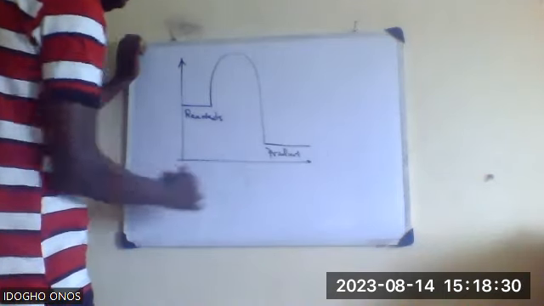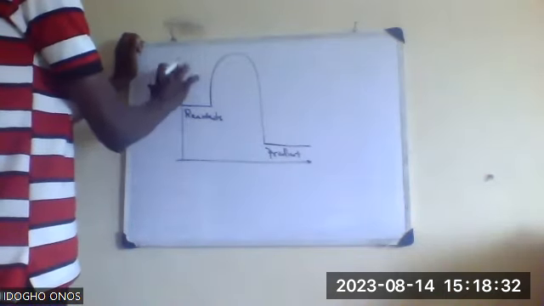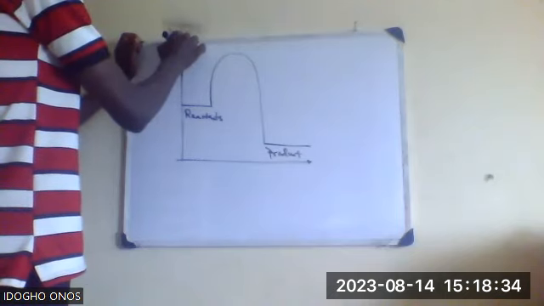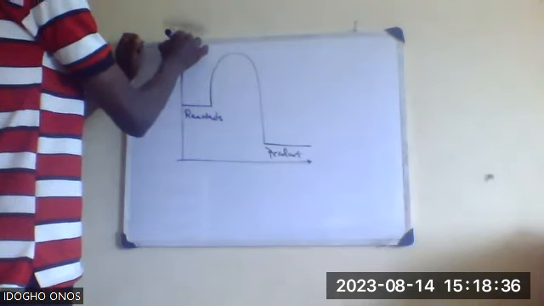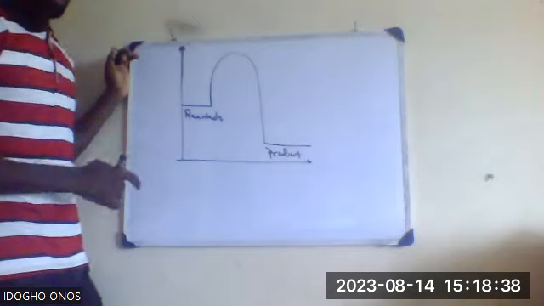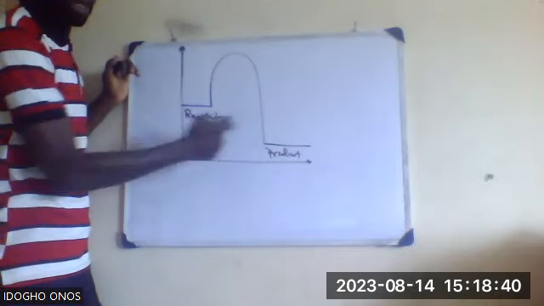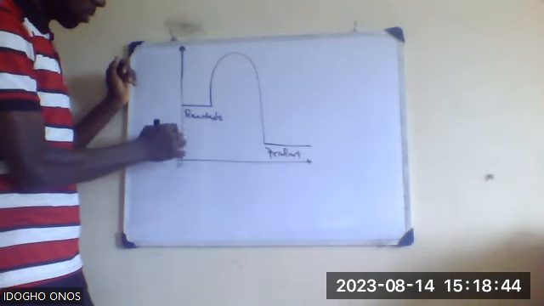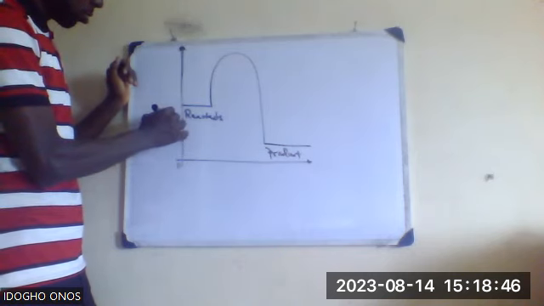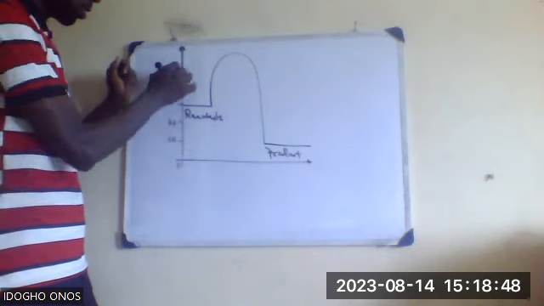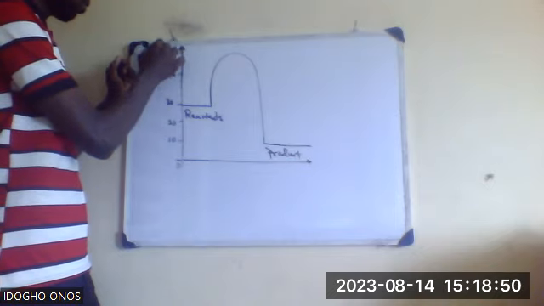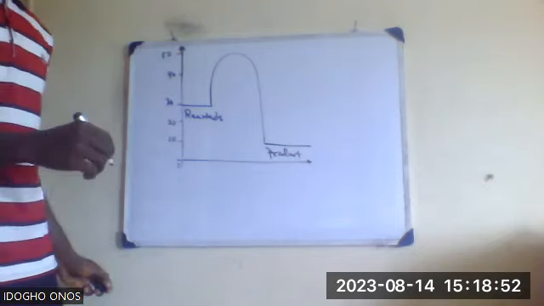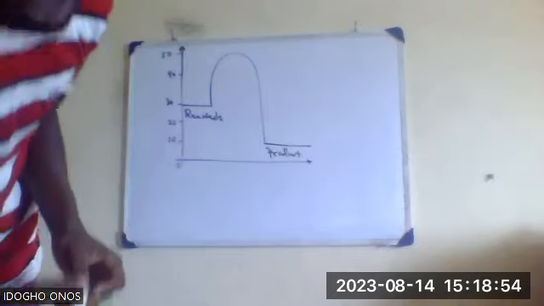Yes. Okay, so I have a diagram here. This is an energy profile diagram. On this side is my reactant. On this side is my product. This is like a graph, 0, 10, 20, 30, 40, 50.